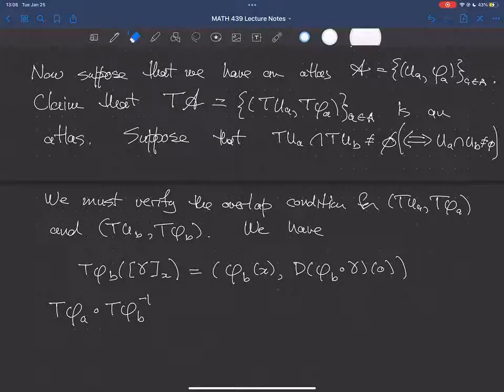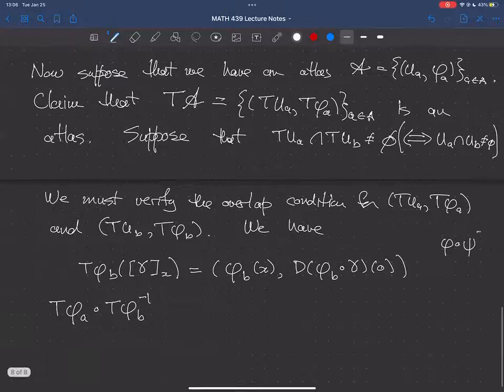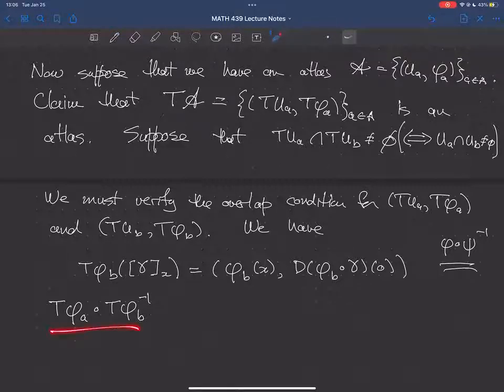Remember, when we did it initially, if we had two charts, (U, phi) and (V, psi), the overlap map was phi composed with psi inverse. So we're just doing phi composed with psi inverse, where psi is equal to T phi_B and phi is equal to T phi_A.